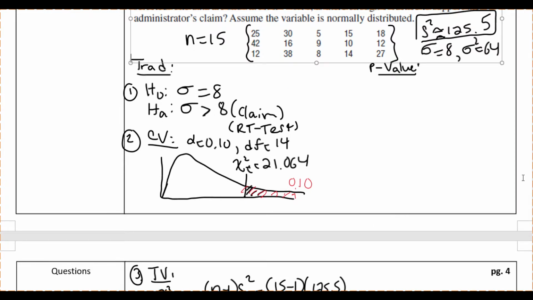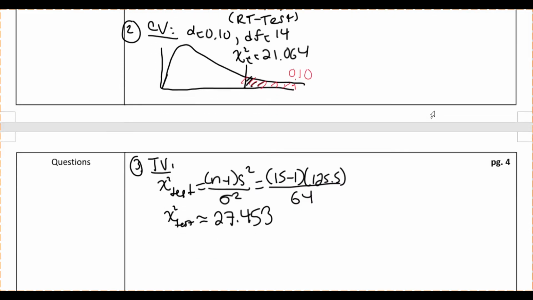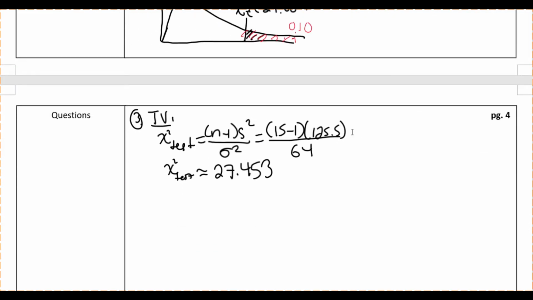All right, so I went ahead and calculated the variance using an online calculator. You can also use a scientific calculator to find this. So the variance for this data is 125.5. So that's this s squared that I found and boxed up. Now that we have the s squared, I plugged it into the formula.